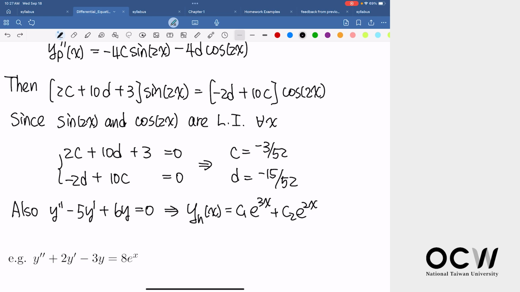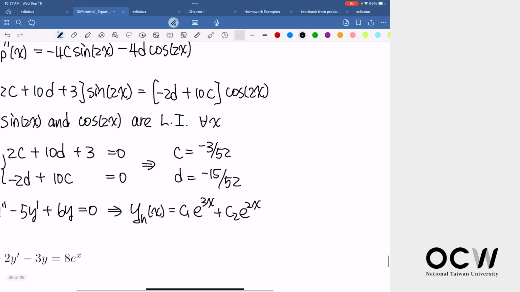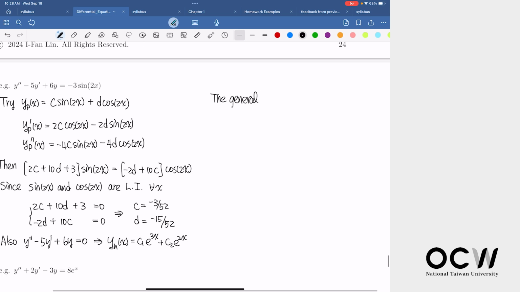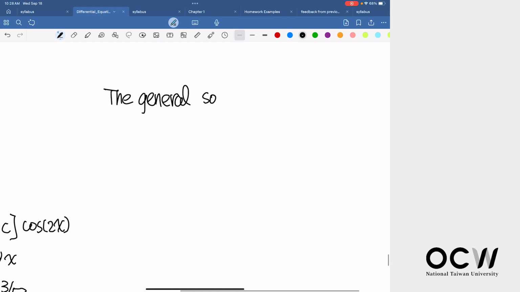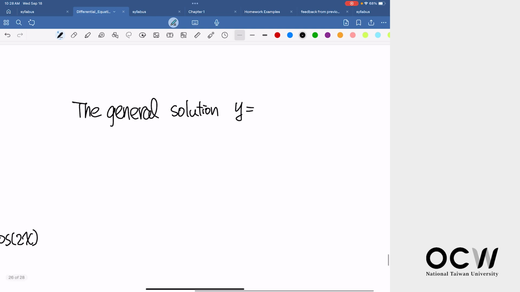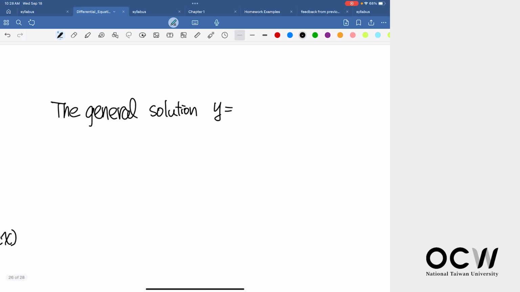There are two distinct real roots, so I have two different exponentials. Then the general solution, let me write down here. The general solution includes the homogeneous solution and particular solution.